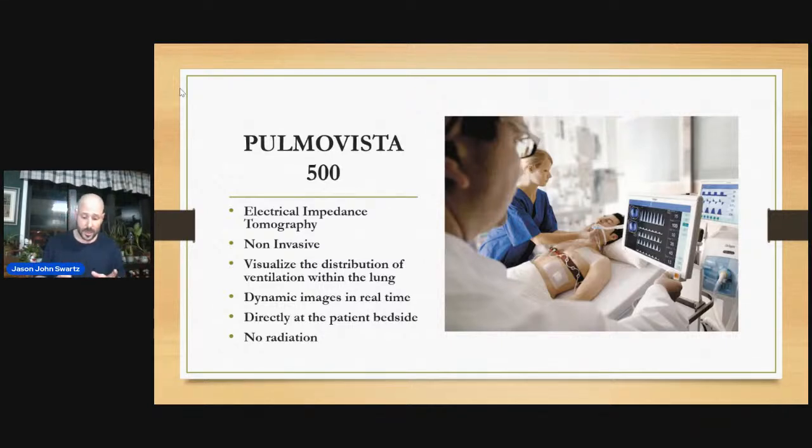And if the intensivist is sending a patient just for a CT scan, concerned about the ventilation, you can tell them, look, we can put on this non-invasive monitor, no radiation, and we can see right away.